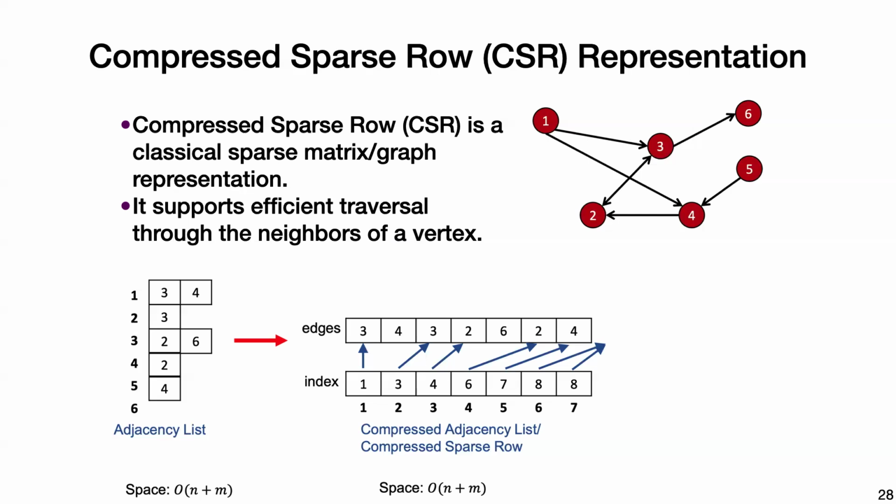So you know that 4 and 5, which are these two, are the neighbors of 3, and then you stop there. If you imagine iterating over this whole thing, there would be 2 loops: one over index, with the outer index being i, and then one over edges, bounded by index[i] and index[i+1]. To get the bounds for vertex i, you look at index[i] and index[i+1].